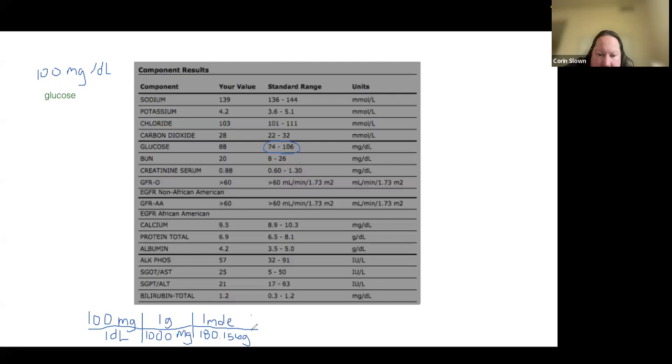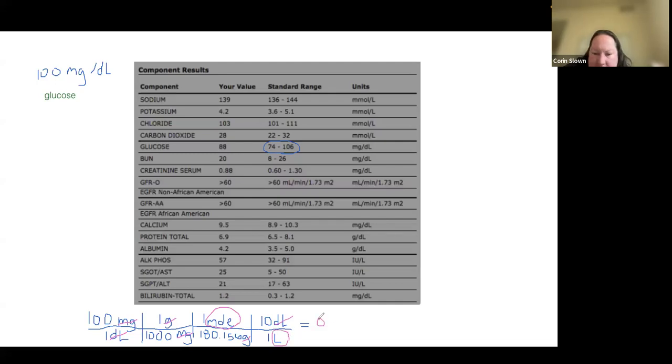And I know that in 1 liter, there are 10 deciliters, so 10 dL per 1 liter. So when I calculate that, if I take a look at my units, my milligrams cancel, my grams cancel, my deciliters cancel, and I'm left with moles per liter.